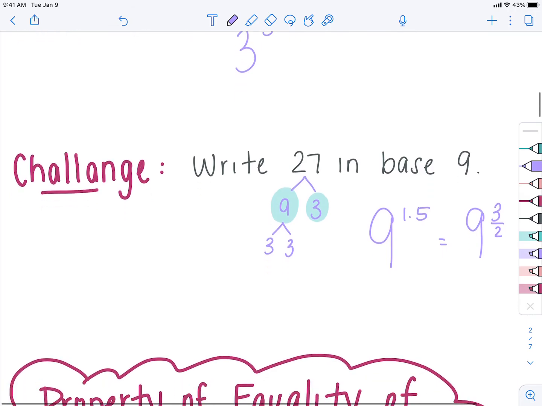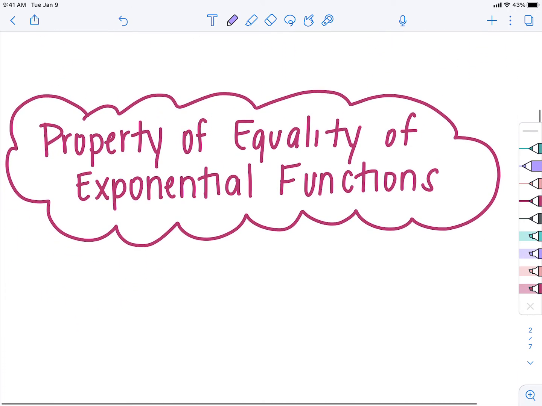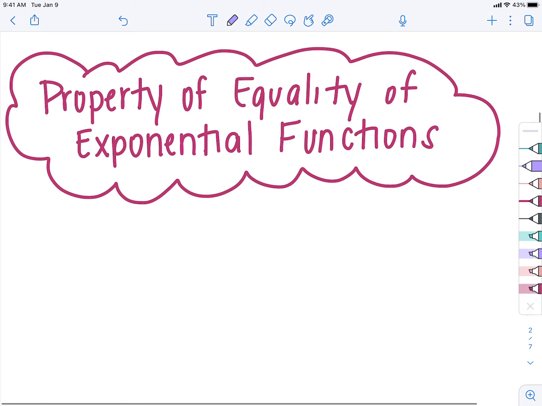So basically, we have this big fancy property. It's called the property of equality of exponential functions. It's a big fancy math way for us to say, if the bases are the same, the exponents have to be the same.